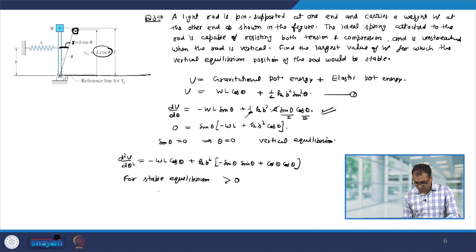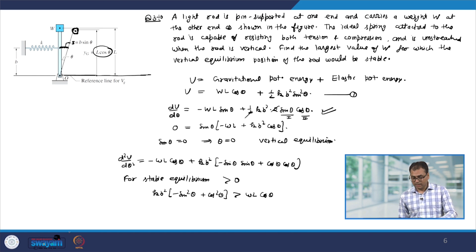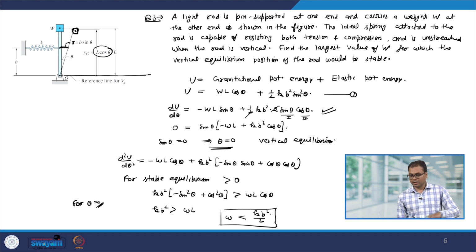So, therefore, we get kb² (minus sin² theta plus cos² theta) should be larger than WL cos theta, and let us put theta equal to 0 for vertical equilibrium. So, for theta equal to 0 we get kb² should be larger than WL, or my W has to be smaller than kb² over L. This is the condition for stable equilibrium in the vertical position.